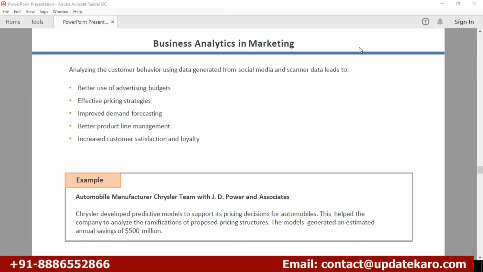So your pricing is a very important aspect, especially in India. Do you agree with me? Yes, sir. And thanks, Niti, for the confirmation.